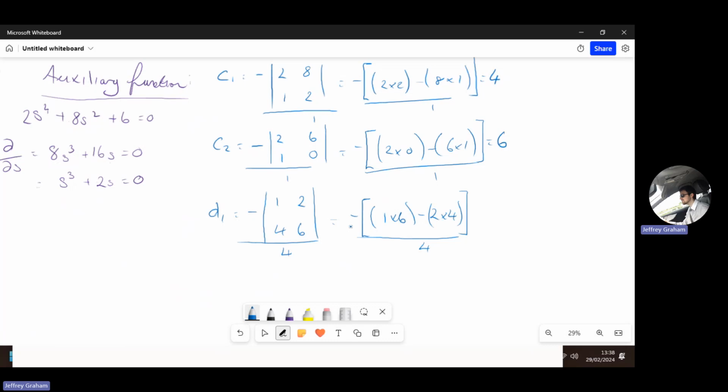We've got that negative there turned to +2. We're dividing it by 4, so that should come out as a half, 0.5.